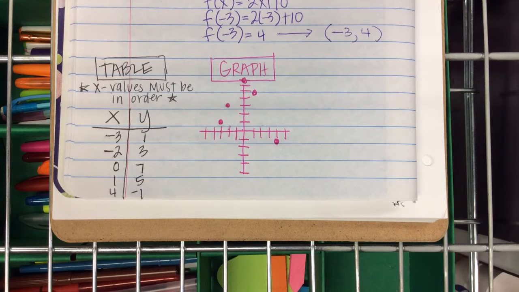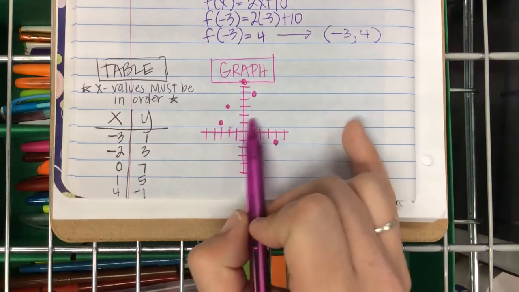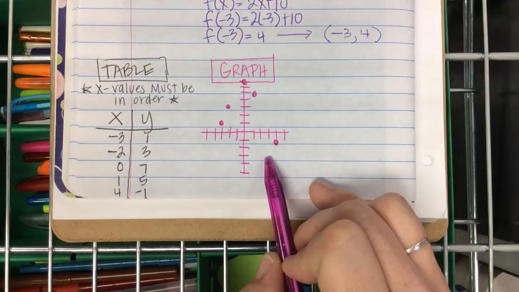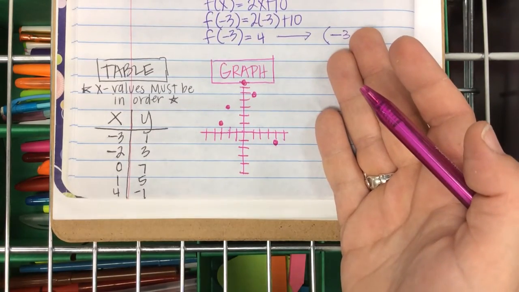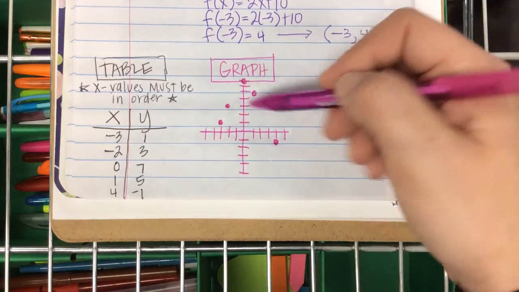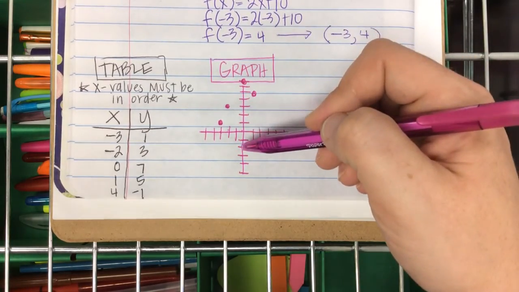If you were just given the graph, could you identify the domains? Yeah, you just have to count. Is it a lot more work than other ways? Yeah, it is a lot more work to find your domains. But you can do it. Could you find your ranges? Yeah, you just have to count.